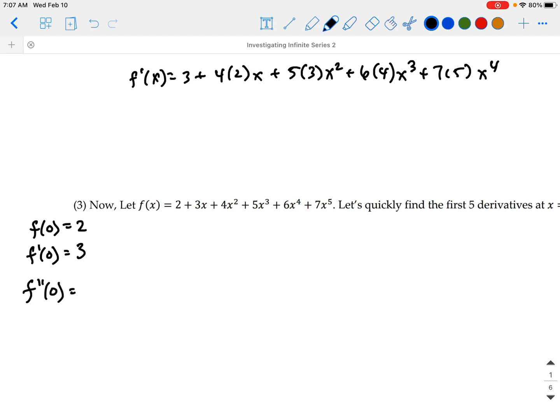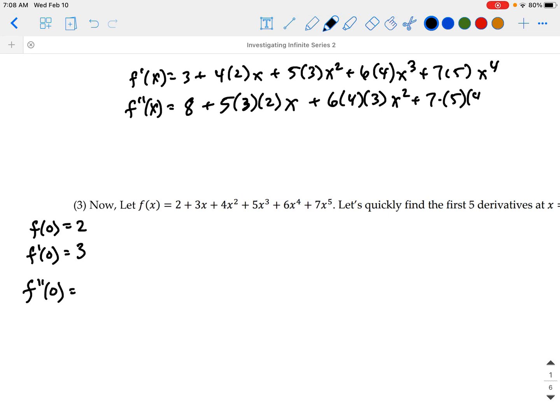And then for f double prime, we're going to get 8 plus 5 times 3 times 2x plus 6 times 4 times 3 plus 7 times 5 times 4x cubed.